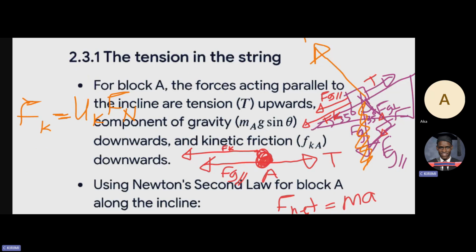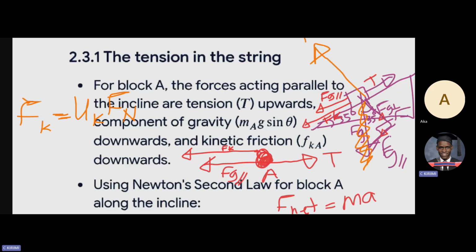Once you split into components, that hypotenuse, that Fg which is going down, disappears. We don't need it anymore. You only put it there when you are drawing the free body diagram. But in the calculations where you want the values, you always use the components, not the magnitude of Fg.